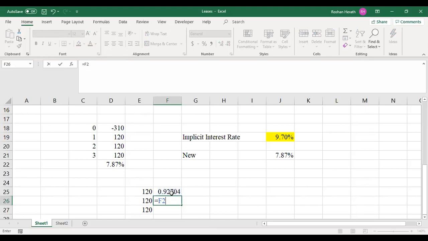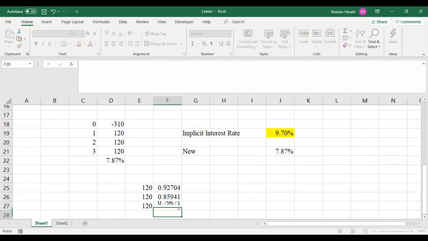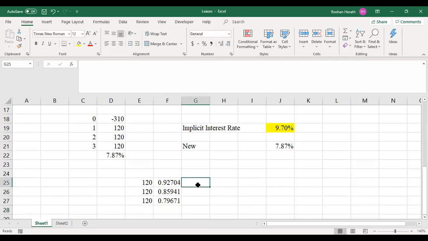What we are getting now, it's 1 divided by 1.0787 to the power 2, and 1 divided by 1.0787 to the power 3. So once you get the present value, and that is what become equal to 310.